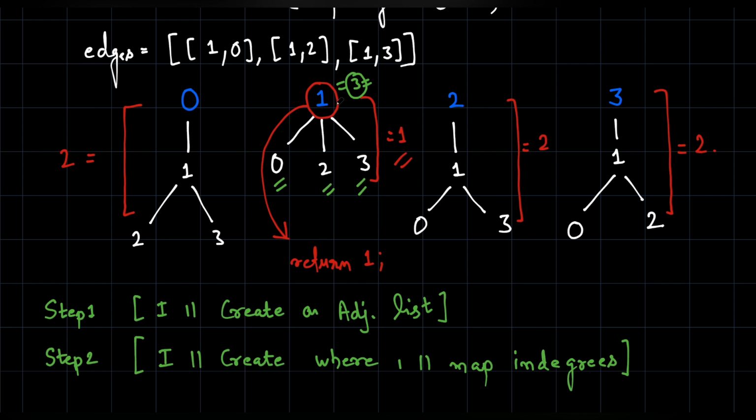Here the incoming nodes is maximum, that is 3. So it means I can make this a root, and I can connect with more nodes. I can connect with 3 nodes here, so I can take this as a root.